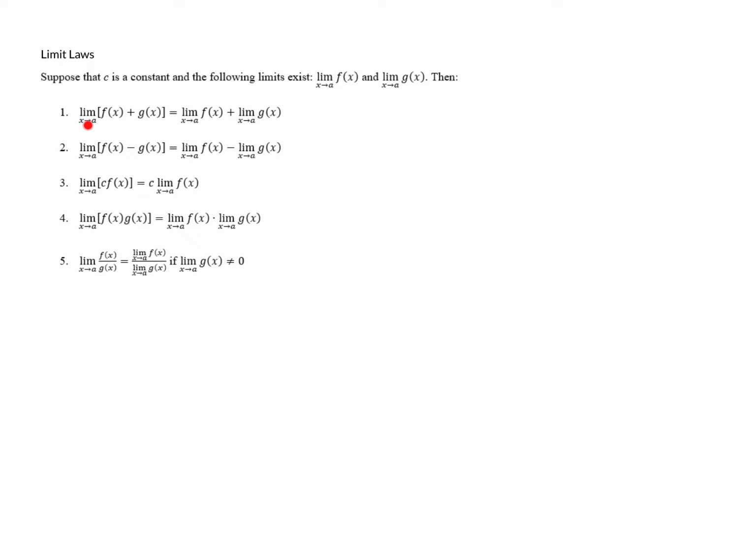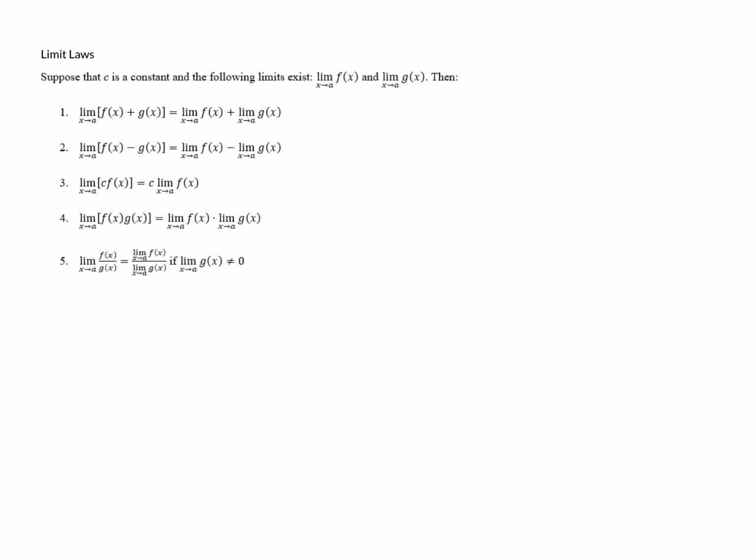If we want the limit as x approaches a of the sum of those functions, f of x plus g of x, we can just add together the limits of the individual functions. So in plain English, we can say the limit of a sum is equal to the sum of the two limits.